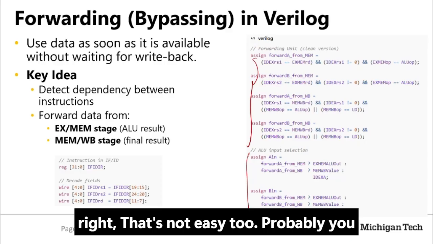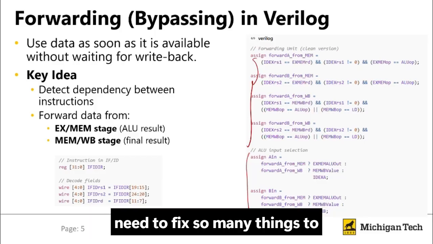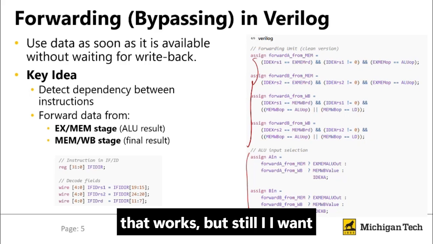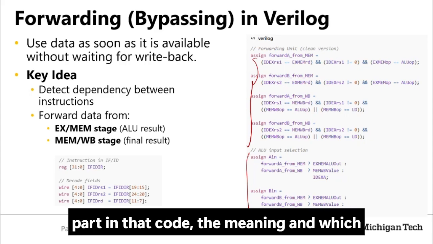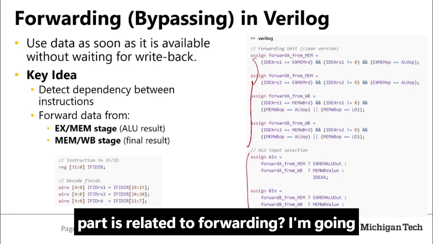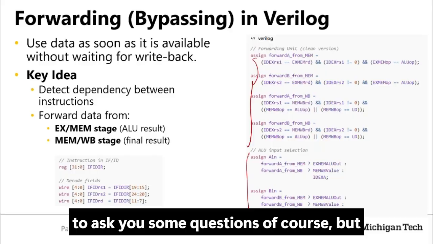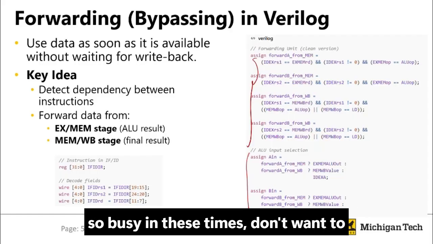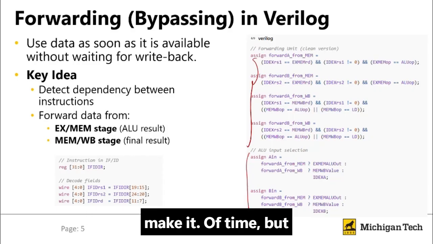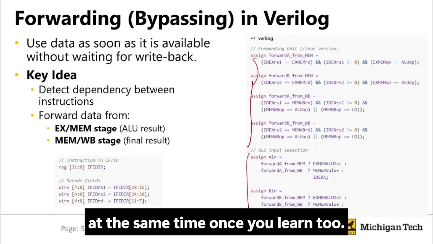Probably you need to fix so many things to make it work. But I also want you to understand what's going on in that code, the meaning, and which part is related to forwarding. I'm going to ask you some questions, of course. But it's simple. I know you are so busy at this time. I don't want to make you lose time, but at the same time, I want you to learn too.